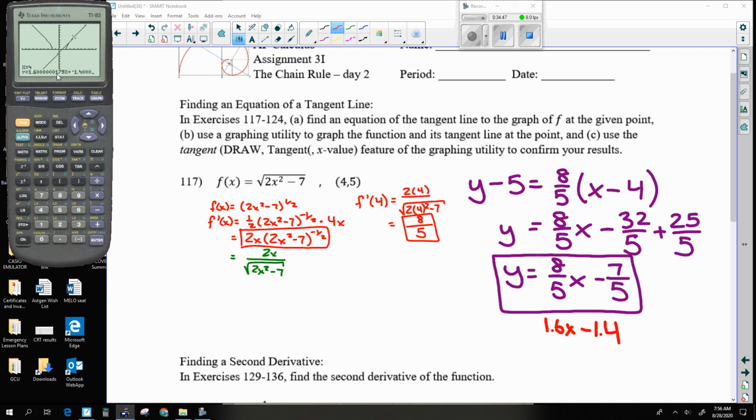That's 1.6, and so on, minus, plus negative 1.4. Wow, we're good. That's awesome. So our equation of our tangent line at 4 is correct.